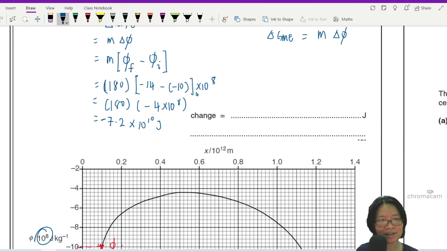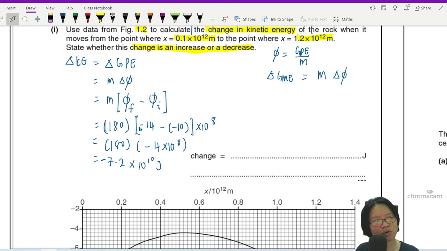But there's a negative here. Now, before you panic in the disco with the negative, don't panic first. You ask yourself, does it make sense? I am looking for a change in GPE. Everything on this side of the equation is change in GPE. This negative shows me GPE decrease. If GPE decrease, what do you think happens to the KE?